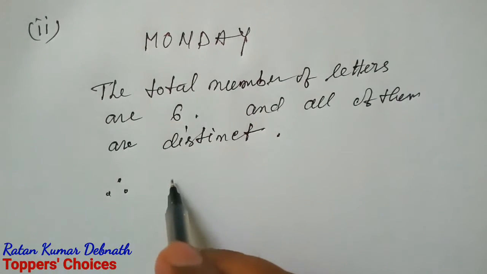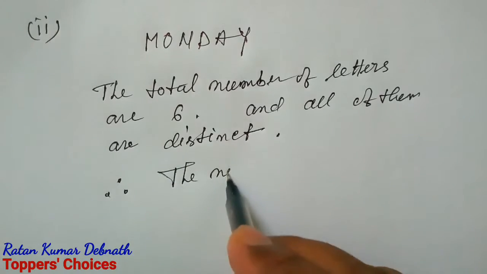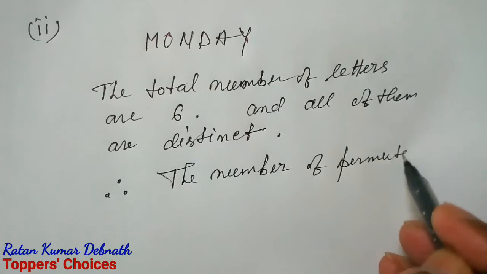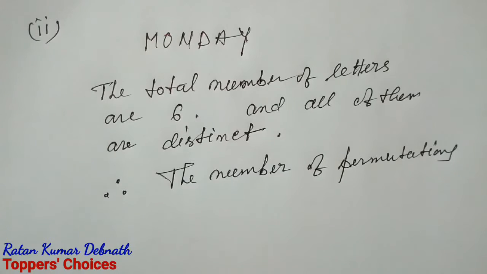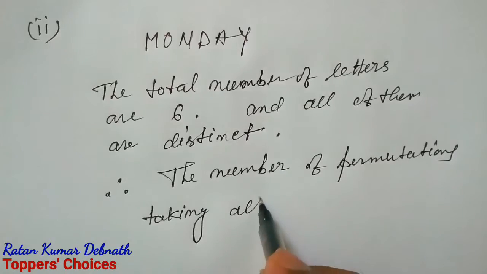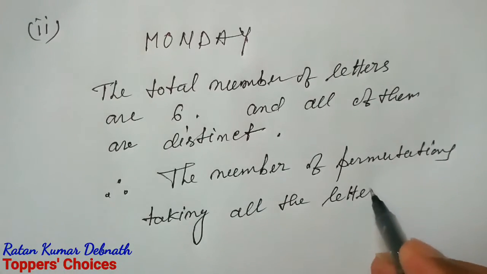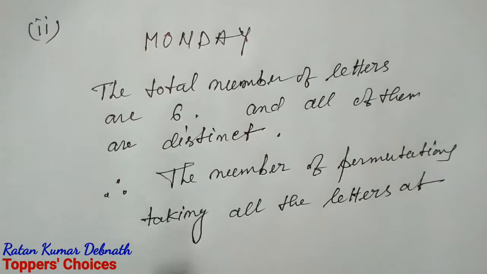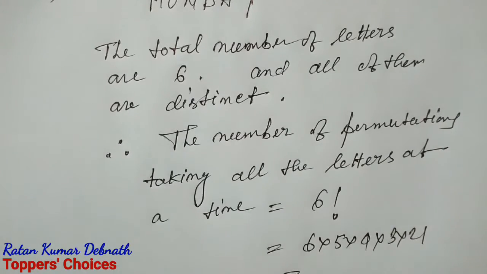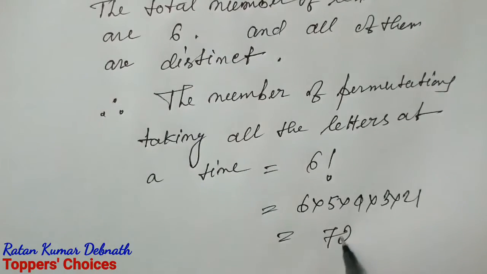Therefore, the number of permutations taking all the letters at a time equals 6 factorial, 6 into 5 into 4 into 3 into 2 into 1, which equals 720.